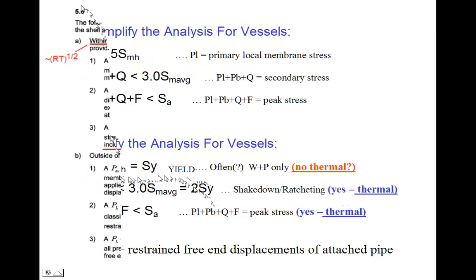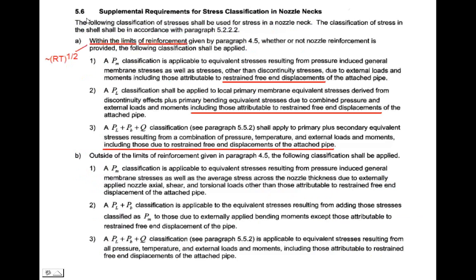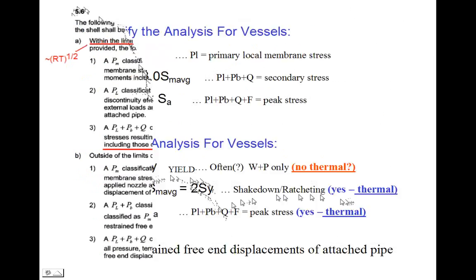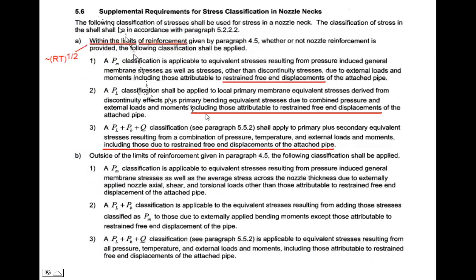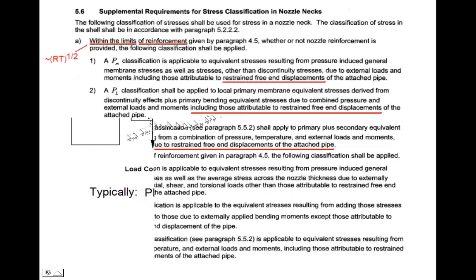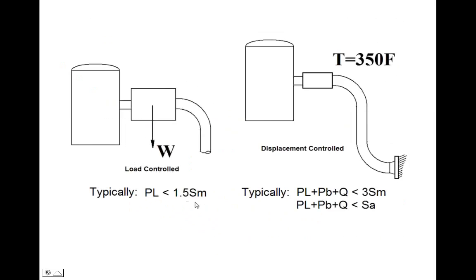But it's clear the new 5.6 section of 2007 Division 2 says that the PL classification will definitely include the thermal effect due to the restrained free end of our attached pipe. The way we've always looked at this before is PL less than 1.5 SM has limited the stresses due to principally weight and pressure stresses.